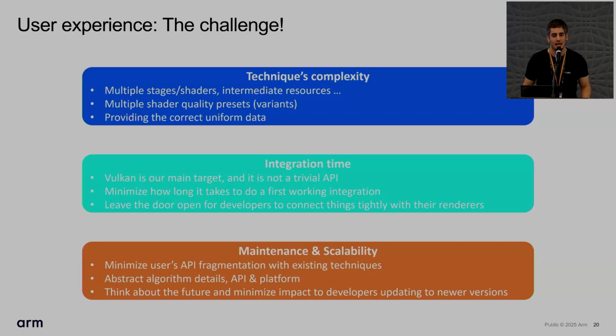If a new version of the algorithm lands in the future, I didn't want anyone to have to go and refactor the whole thing. So hopefully we could deliver something that provides a transparent experience.